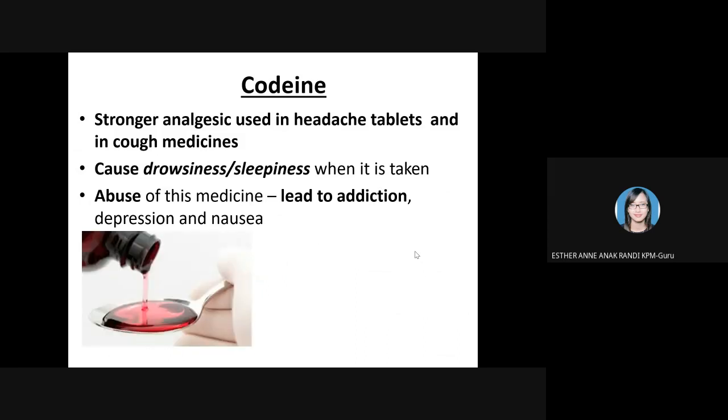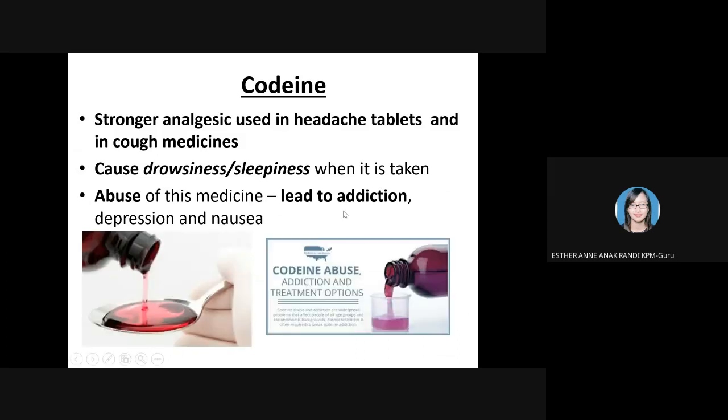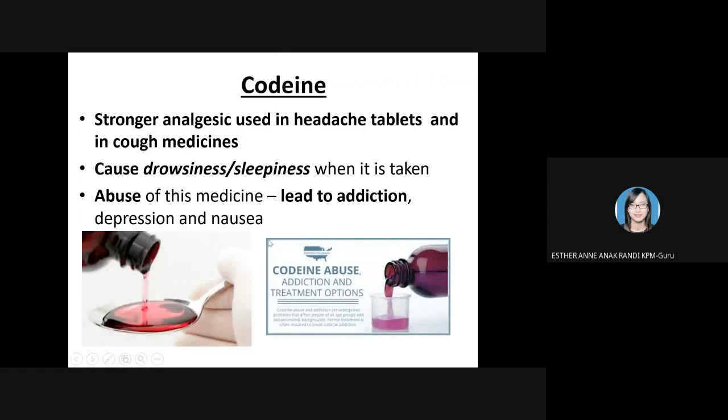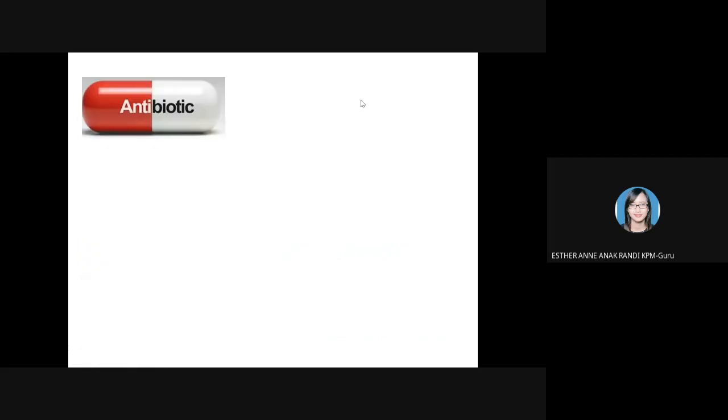Because of this drowsiness, it causes abuse of the medicine. It can lead to addiction if consumed without control, and cause depression and nausea. So codeine is a slightly stronger analgesic. We've done painkillers.